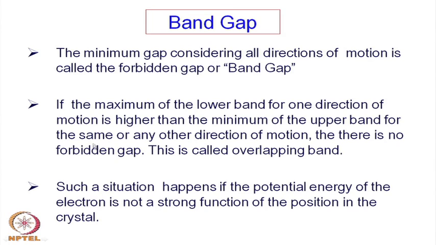That is what it means here. If the maximum of the lower band for one direction of motion is higher than the minimum of the upper band for the same or any other direction of motion, there is no forbidden gap. This is called an overlapping band.